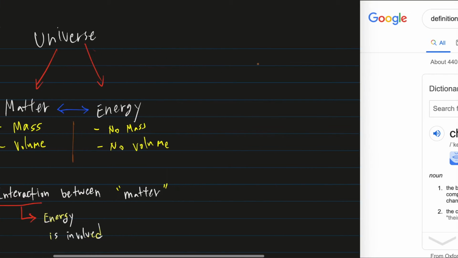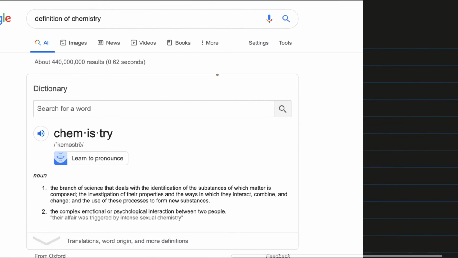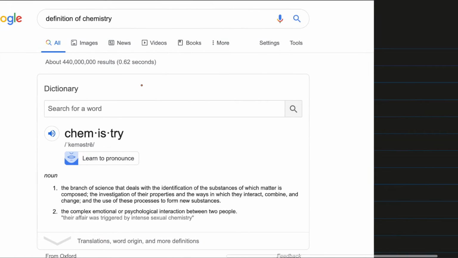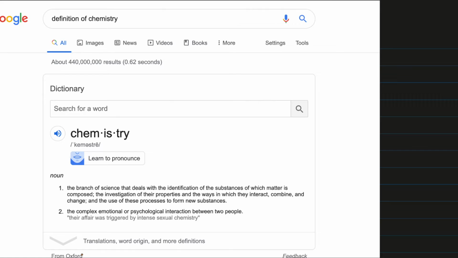Anyway, let's have a look at a more formal definition of chemistry provided by Google and Oxford Dictionary. According to the Oxford Dictionary, chemistry is a branch of science that deals with the identification of substances of which matter is composed, the investigation of their properties, and the ways how they interact, combine, and change.